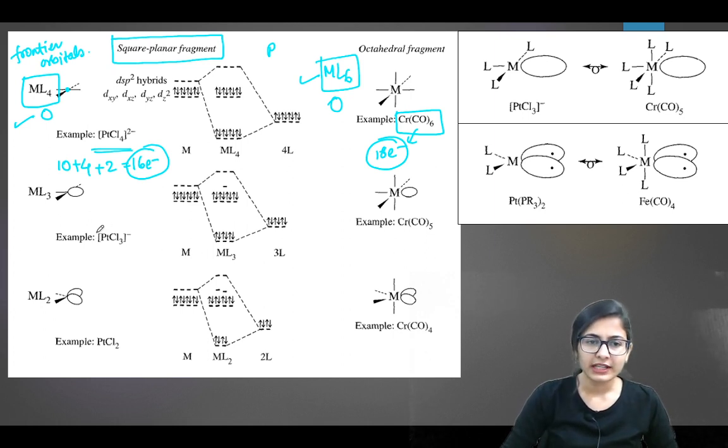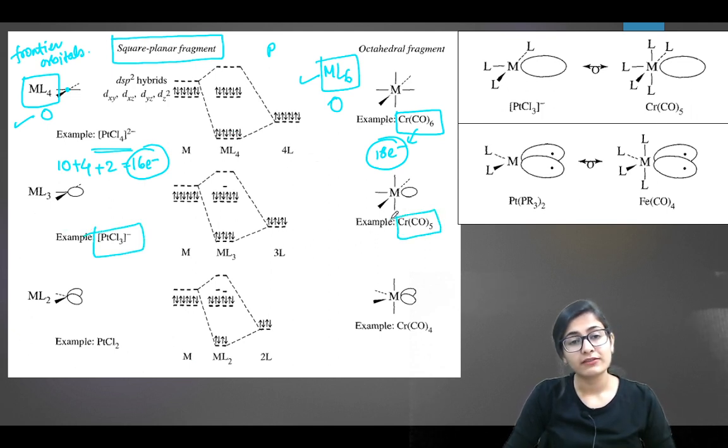Similarly, if you want to check out PtCl3 minus and, for example, chromium pentacarbonyl, they are not going to have the same number of electrons, but as you see, ML3, if it is square planar, is only going to bring one frontier molecular orbital.